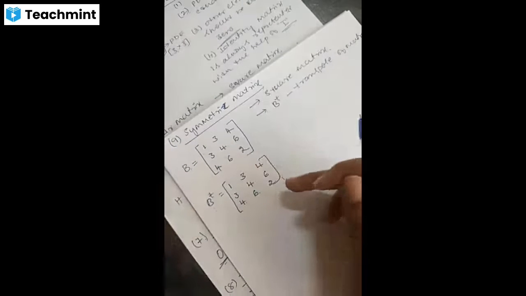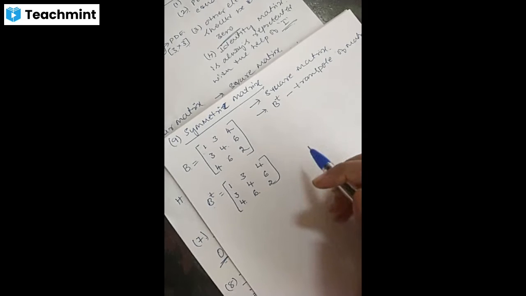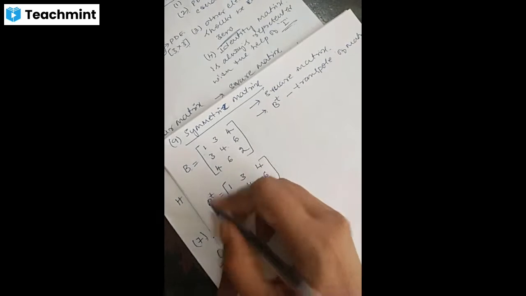Is there any change between the B matrix and the B transpose matrix? Can you hear me? Is there any change? No changes. After transposing the matrix, there is no change in the matrix.